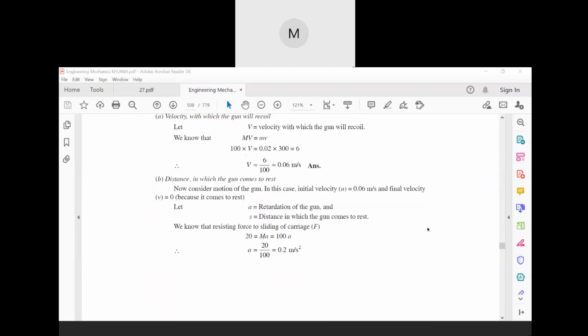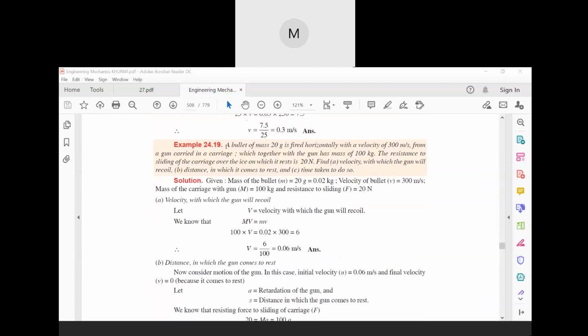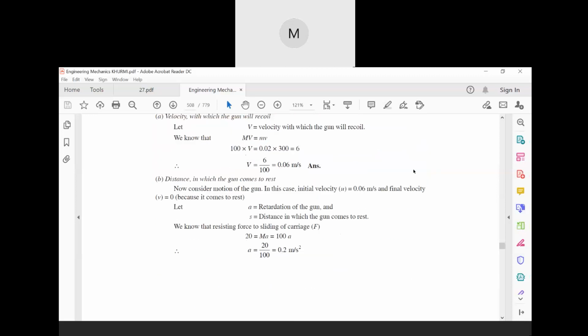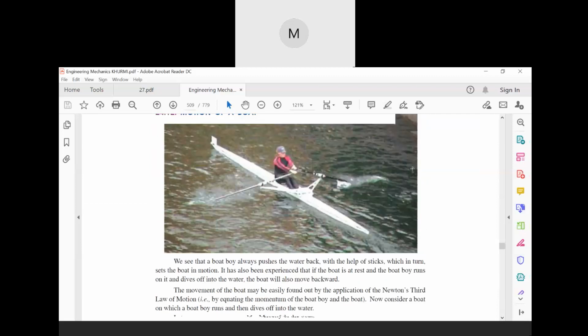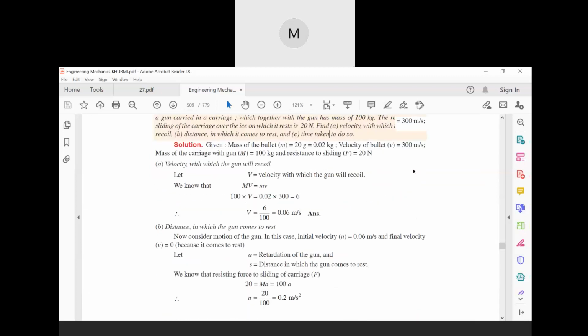Okay. So I guess we did this numerical in the last class. A bullet of mass 20 gram is fired. So do I need to discuss this again, or is it okay with you people? Hello. So do I need to discuss that numerical again, or is it okay with you?